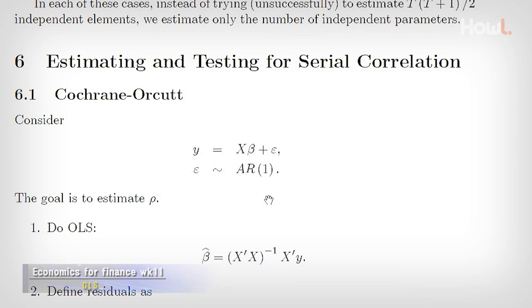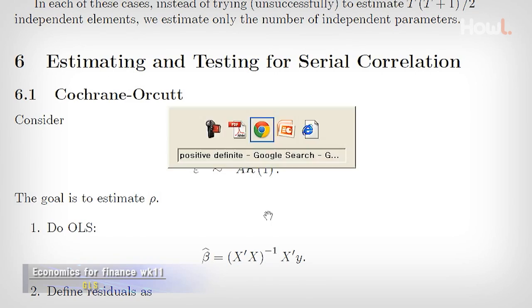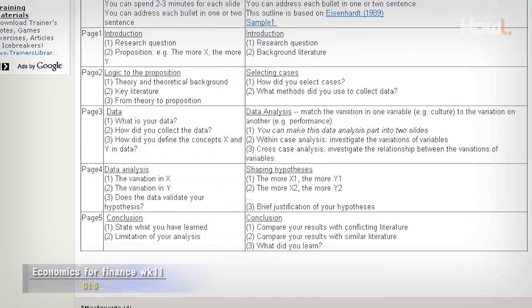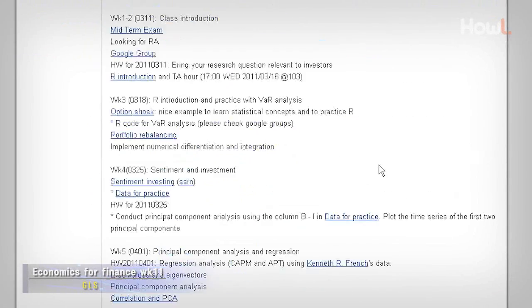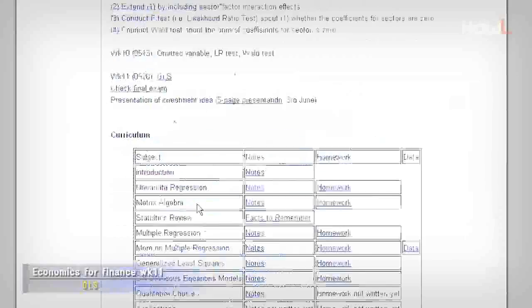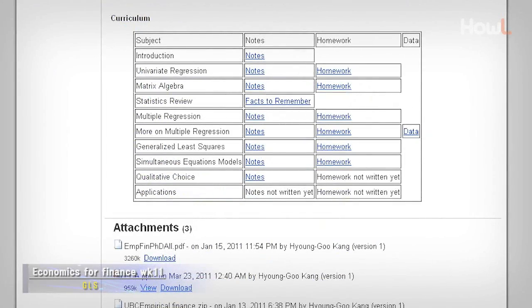Okay, this is doable, right? So why don't you do the homework? This is next week's homework.